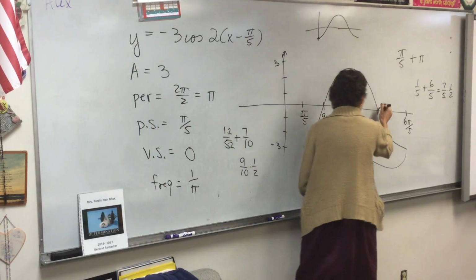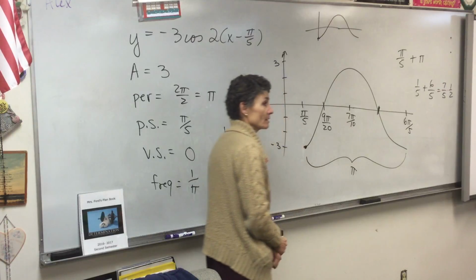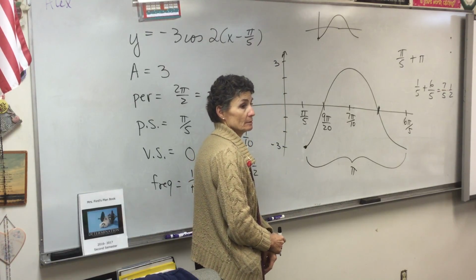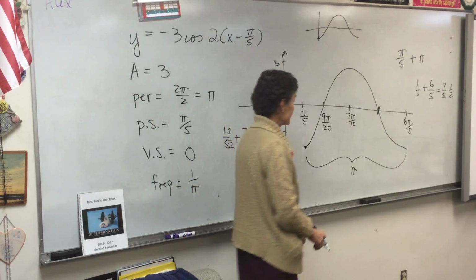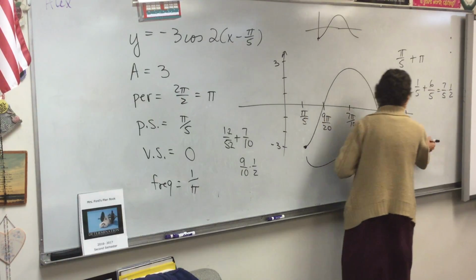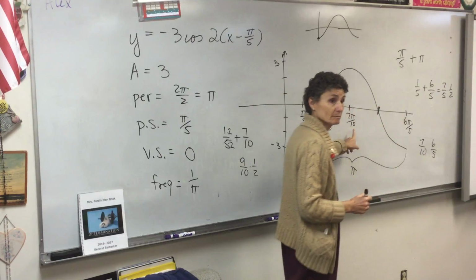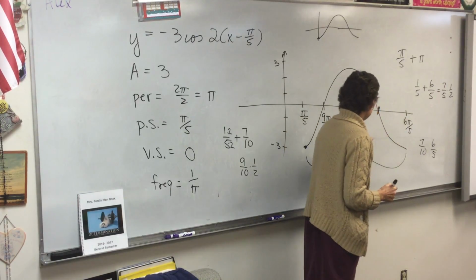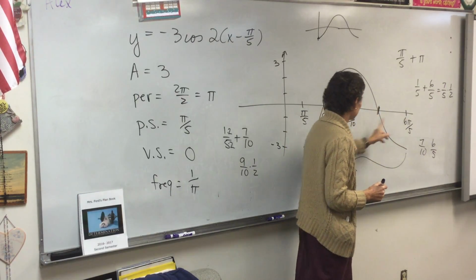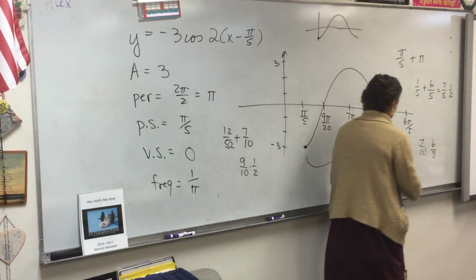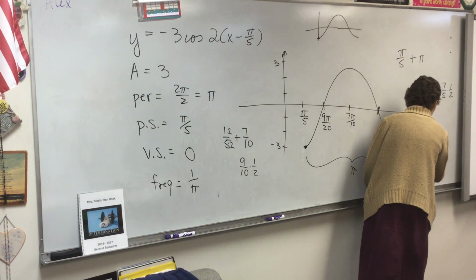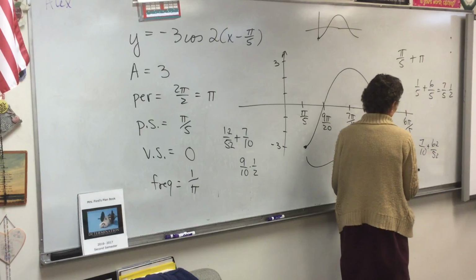Now I need this one. How am I going to find that one? Same way. It's the average of 7/10 and 6/5. I'm going to average these two. I'm going to find their midpoint. Midpoint is average. So getting my common denominator, that will be what?